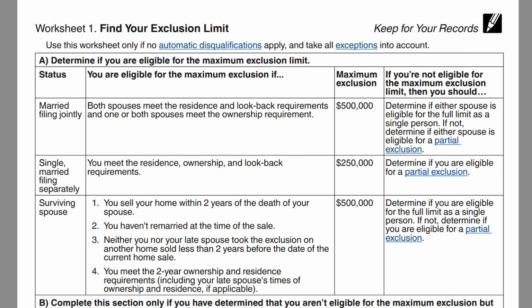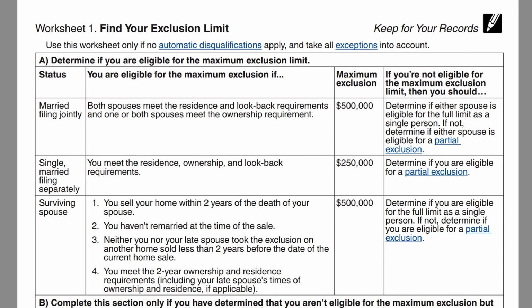First, we'll go over the rules under the Internal Revenue Code. It's under Section 121, and for most people, it's called the exclusion. Basically, you're able to exclude a certain amount of the capital gain from the sale of your primary residence if you meet certain ownership, residence, and look back requirements.